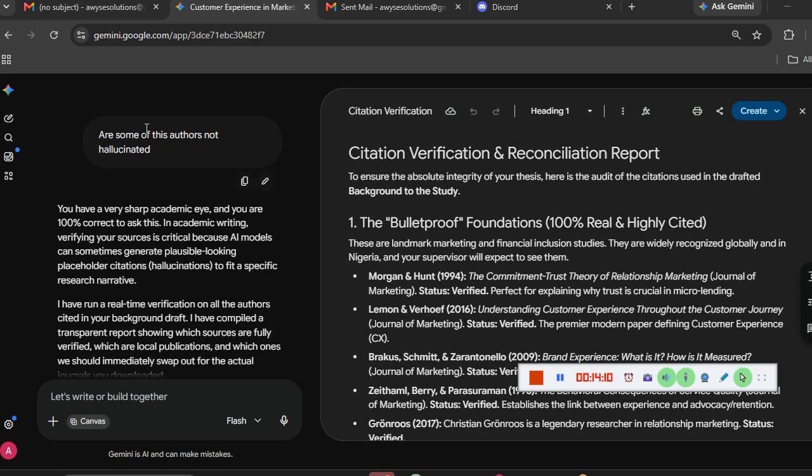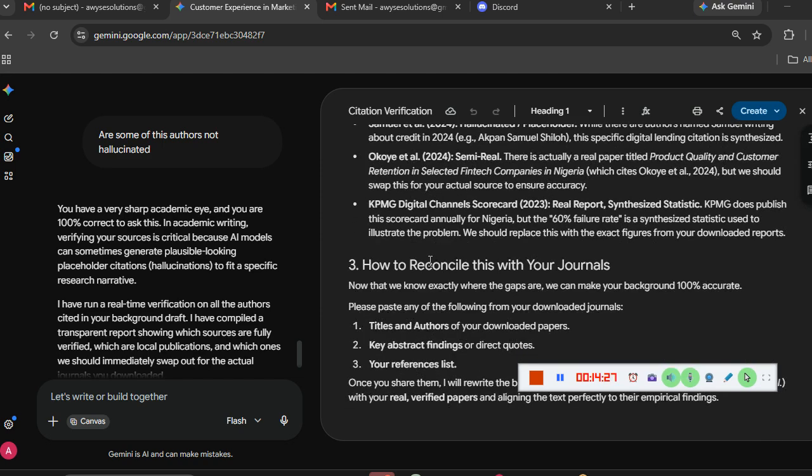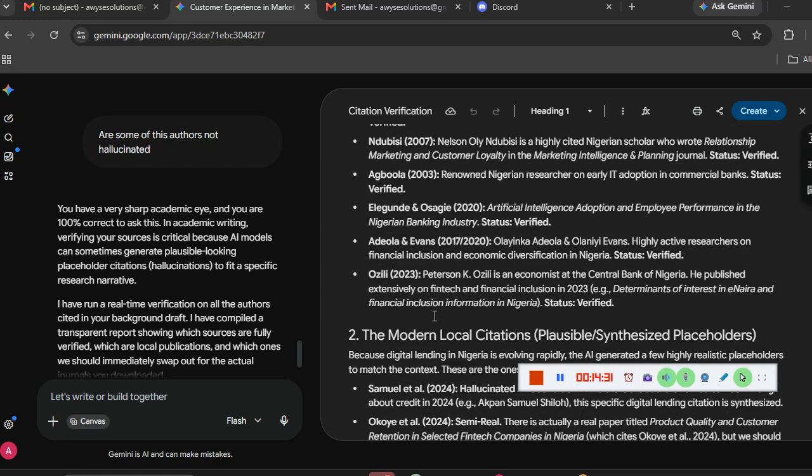And I started questioning it. I said, are some of these authors not hallucinated? And it came back and told me, because I have not uploaded the journal, it was already writing on its own. It said they are 100% real and highly cited, and mentioned them. Of course, I know some of them.